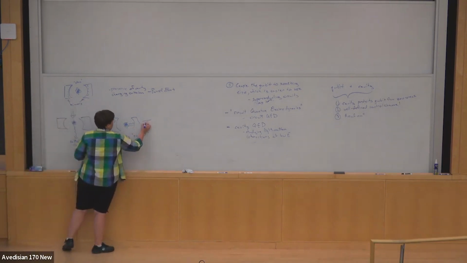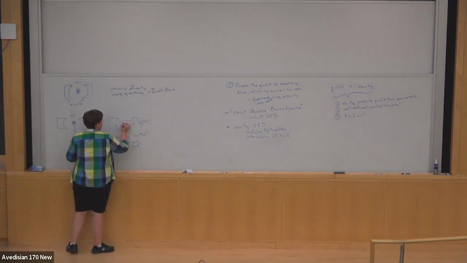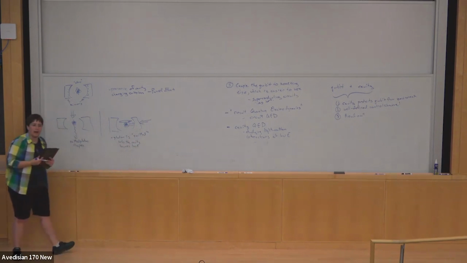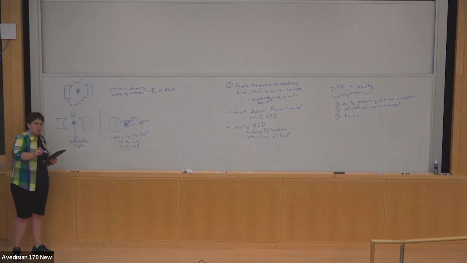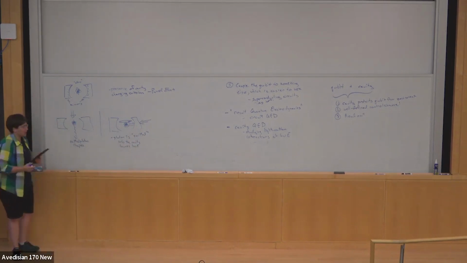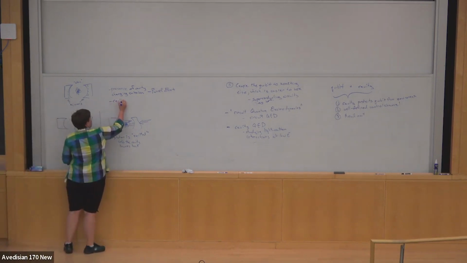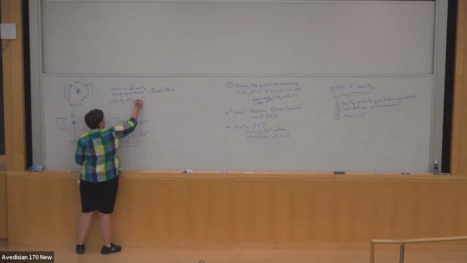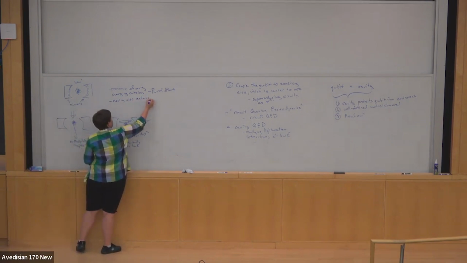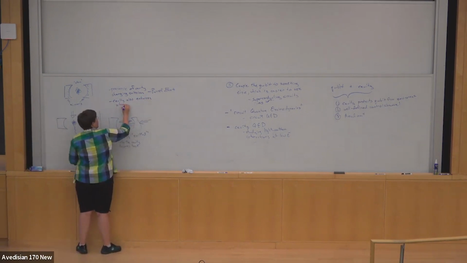Whereas if I put light in this way, it gets in the cavity and it rattles around. And so it sort of has multiple passes with which to try to interact with the atom. And so the cavity also enhances atom-photon interactions.